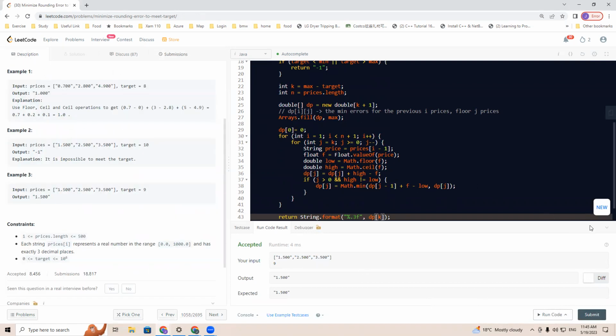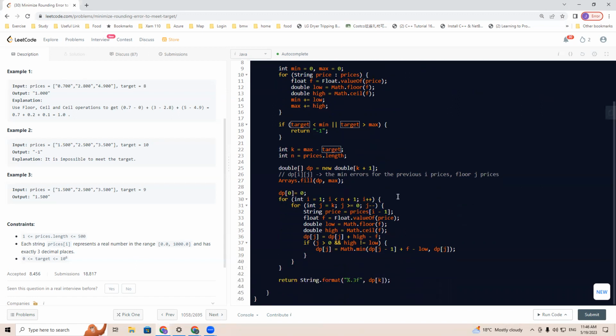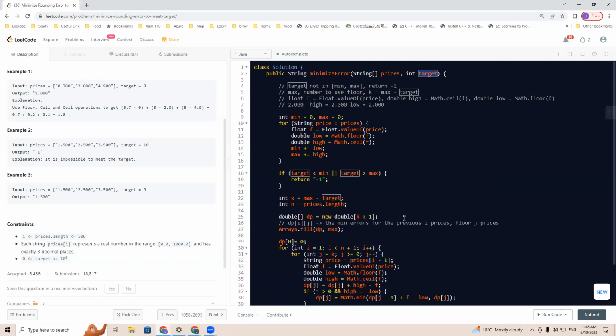Okay, so in this way, the time complexity will be, if there are n prices, n multiplied by the target, and the space complexity is that we just have a dp with the target. Sorry, not target, that is the k.